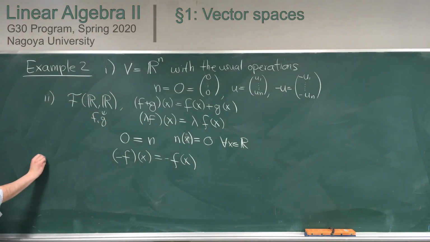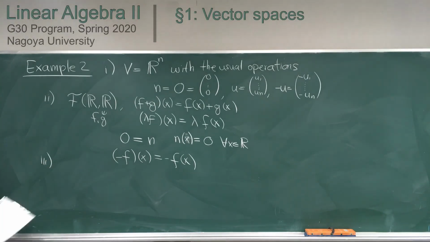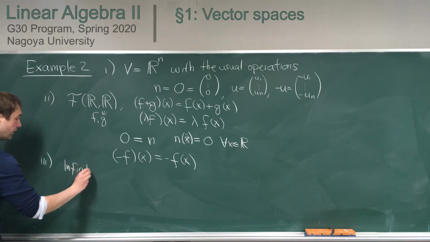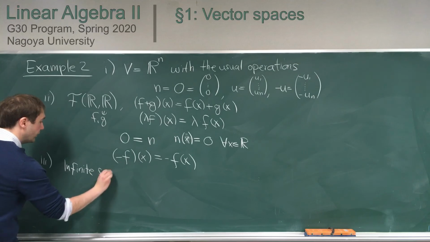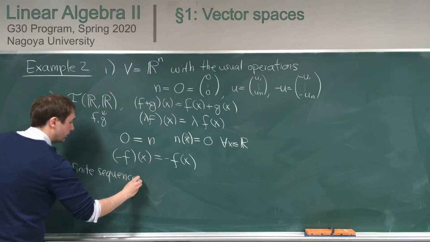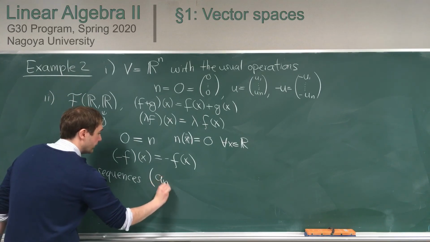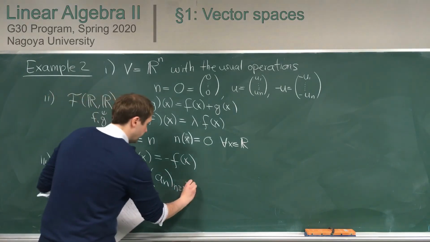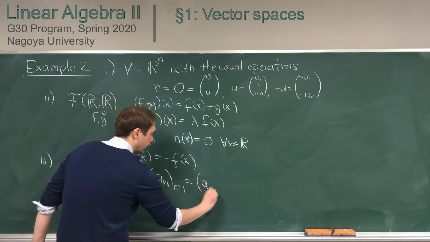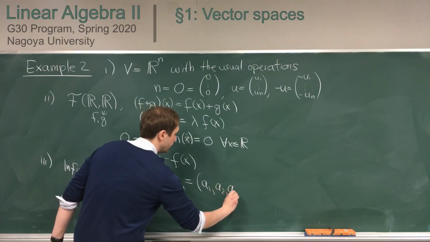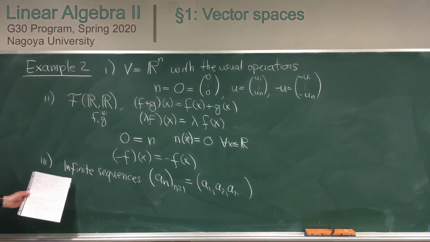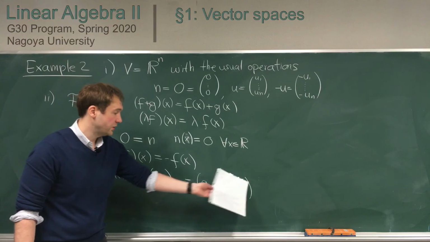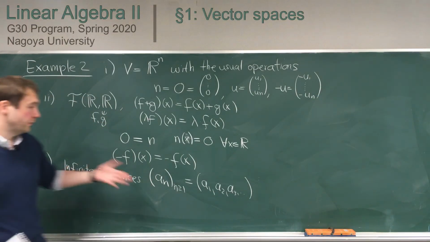And now another example is what you studied in calculus. There you studied infinite sequences, which I will denote by a_n, where n is a natural number greater or equal to 1. So for each natural number you had some number a1, a2, a3, and so on. You can also add two such sequences by just adding them at each place, and you can also multiply them with a scalar.